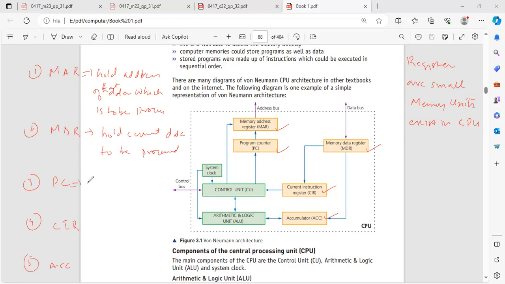PC holds the address of the next instruction to be processed. And CIR holds the current instruction to be processed.